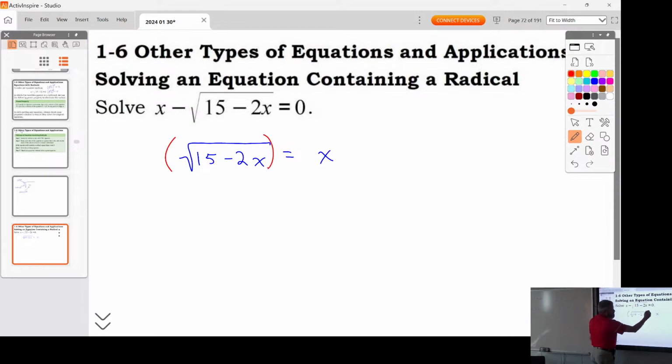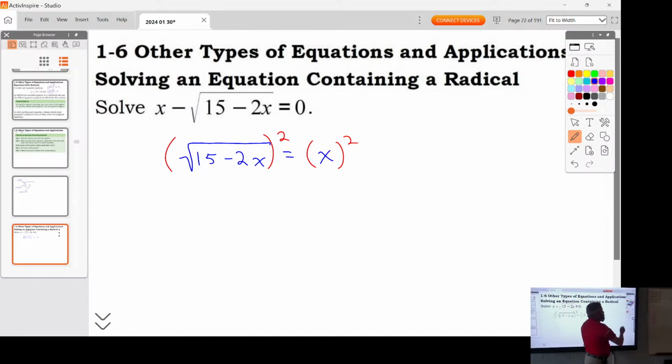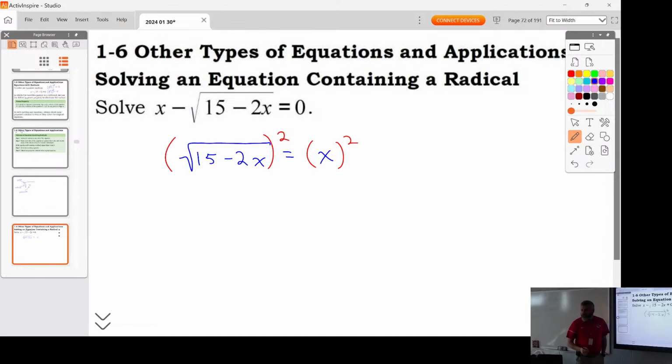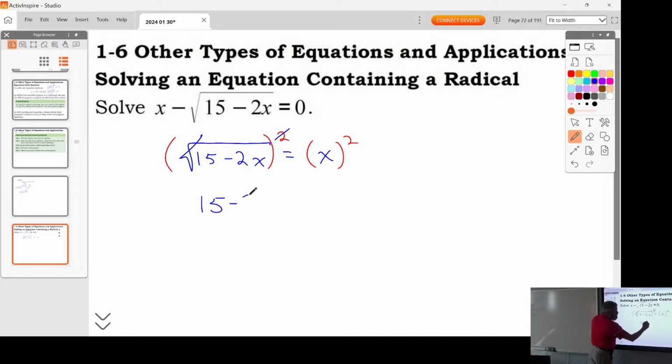I will square the left side and the right side. By squaring a square root, the radical cancels, leaving me with 15 minus 2x. Squaring x squared gives me x squared.